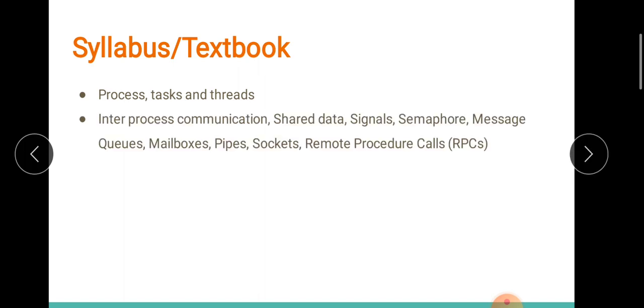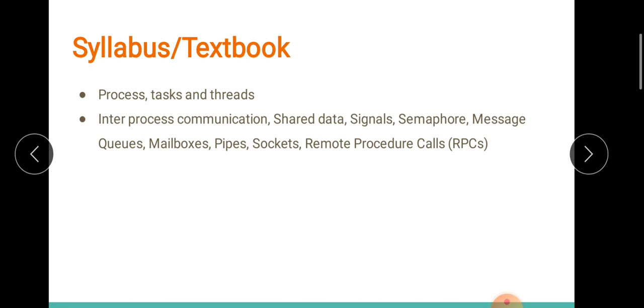In this module basically we shall see the terms, a few processes which are related to operating systems. First I shall give you an overview about what operating systems are, what processes, threads, tasks and inter-process communication are. Inter-process communication is the main theme for this module.